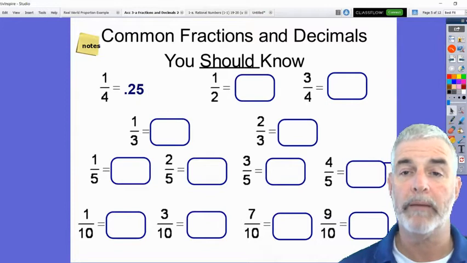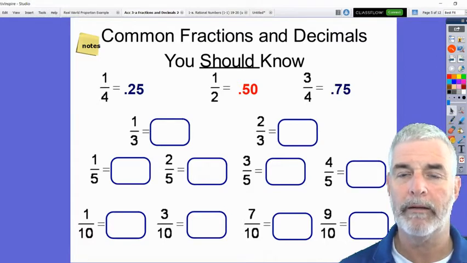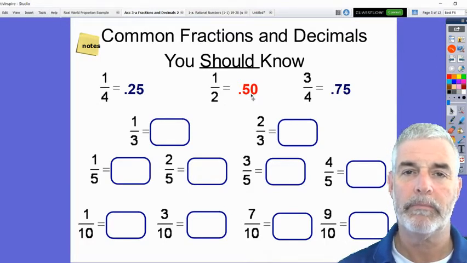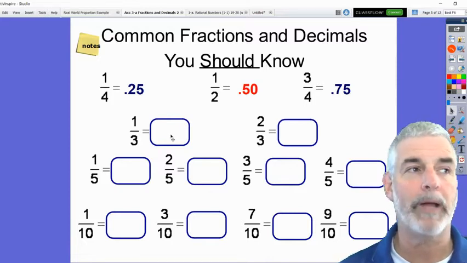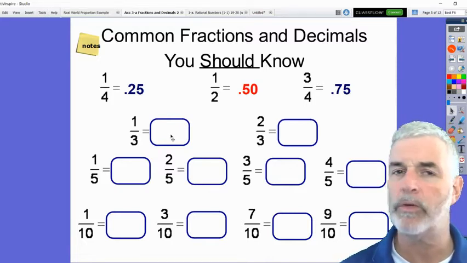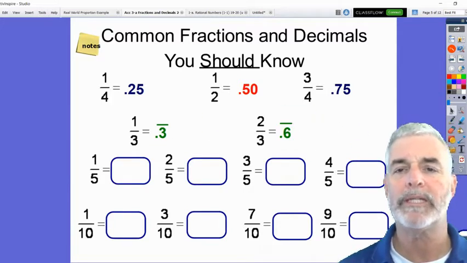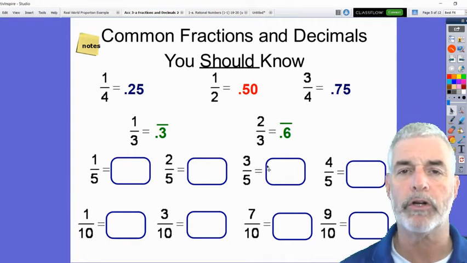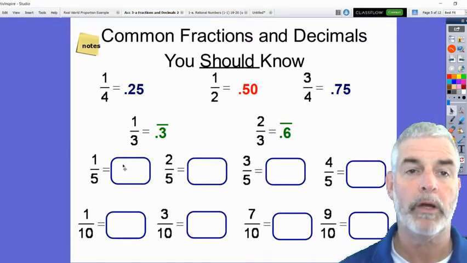So you should be able to know all of these. I'm not going to Edpuzzle question all of them, right? Quarters, half, 3/4. 1/3 and 2/3, these are ones that trip lots of people up, but not accelerated students. 0.3 repeating for 1/3, 0.6 repeating for 2/3. Okay, so thirds are always repeating decimals.